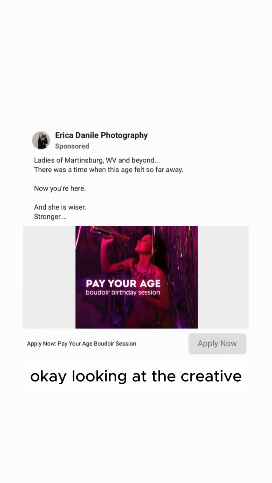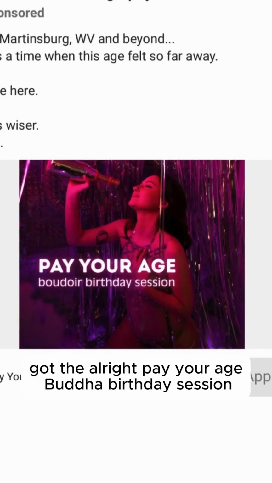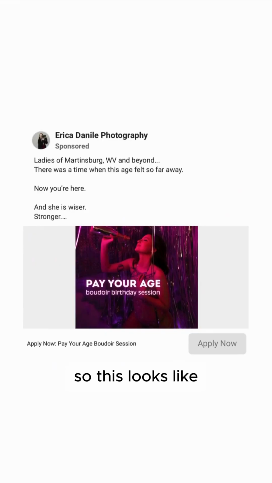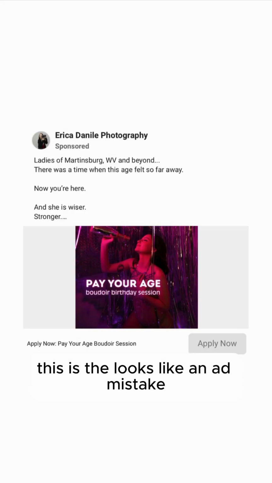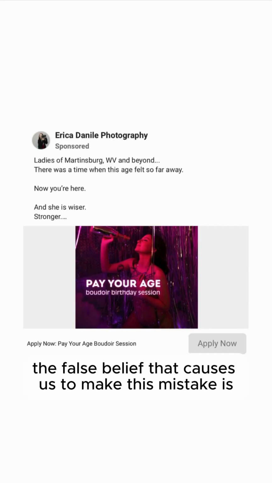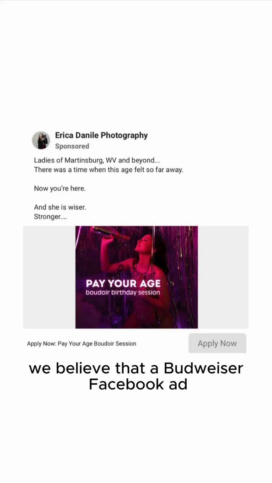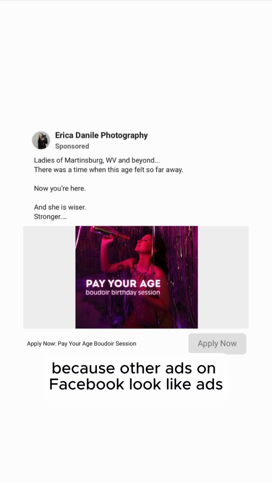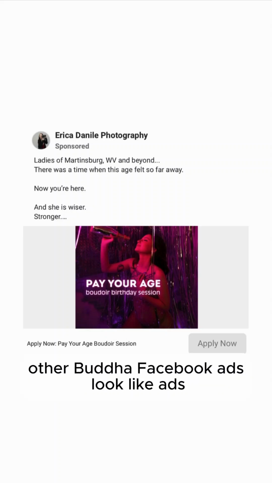Okay, looking at the creative: "Pay your age Boudoir birthday session." So this looks like an ad mistake. The false belief that causes us to make this mistake is we believe that a Boudoir Facebook ad should look like an ad because other ads on Facebook look like ads, other Boudoir Facebook ads look like ads.